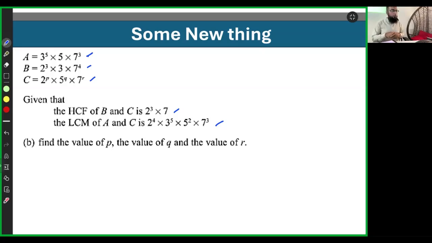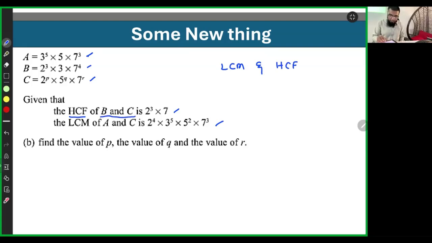We were actually solving for LCMs and HCFs. अगर हमारे पास क्या given हो? Powers की value given होती. But अब उसने क्या कहा? You're having certain information and you need to find out P, Q, and R.